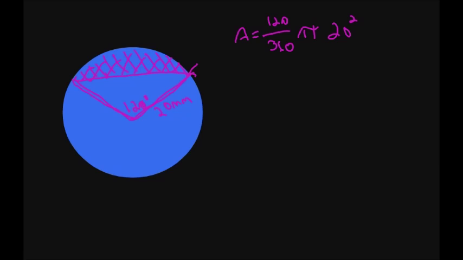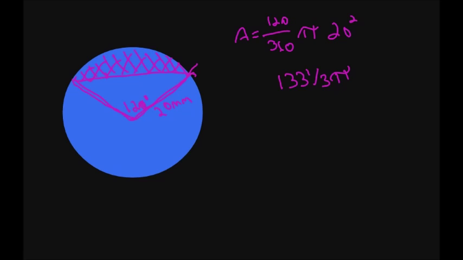Here I'm going to leave it in terms of pi. So I'm going to do 20 squared, which is 400, times the 120 over 360. Let me make that a mixed number. So I'm going to get 133 and 1/3 pi when I work all that out.